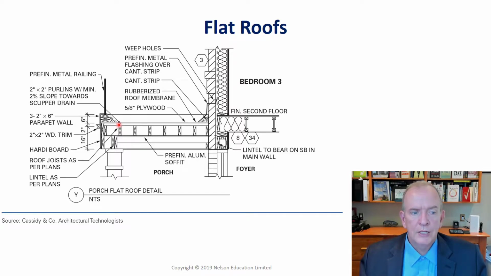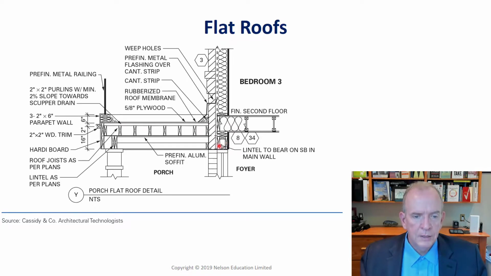So these are all things, but we have to have the framing right in order to make everything else coordinate properly. And so we should be trying to get used to looking at some of these details and trying to come to some understanding, because in this case, there's the finished second floor. We've got a doorway or a window down below, in this case a doorway. We've got our lintel in place here.